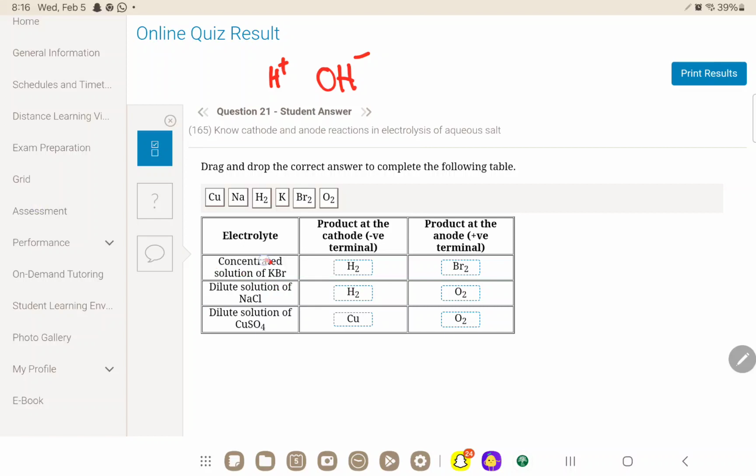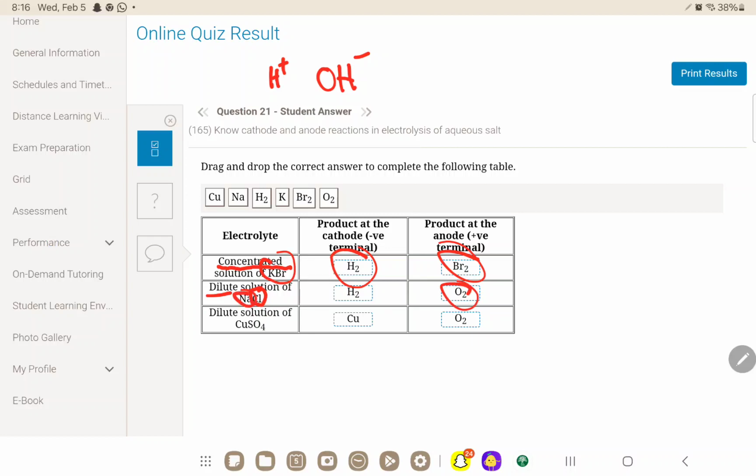So between K+ and H+, we always know that H+ is going to win. Between OH- and Br-, of course Br- is going to win because it's a concentrated solution. If it's a dilute solution, it would be otherwise. So Cl- would usually win over O2 if it was a concentrated solution. But since it's a dilute solution, O2 is going to be found at the anode.